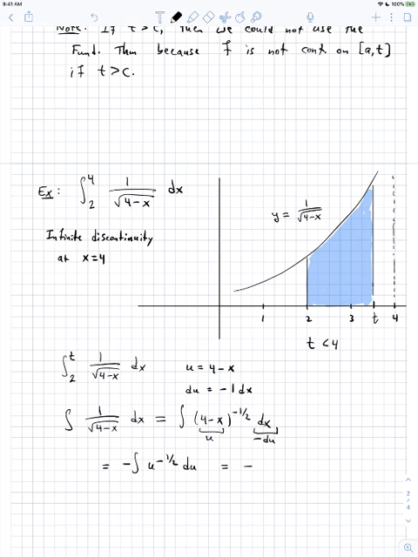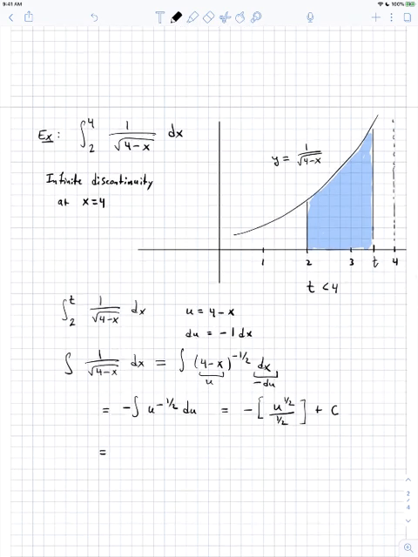So it's minus, now it's u, we add 1 to the exponent, and then we divide by that new exponent. Minus 1/2 plus 1 is a positive 1/2. Plus c. So this is equal to minus 2 times the square root of u plus a constant. That's the indefinite integral.